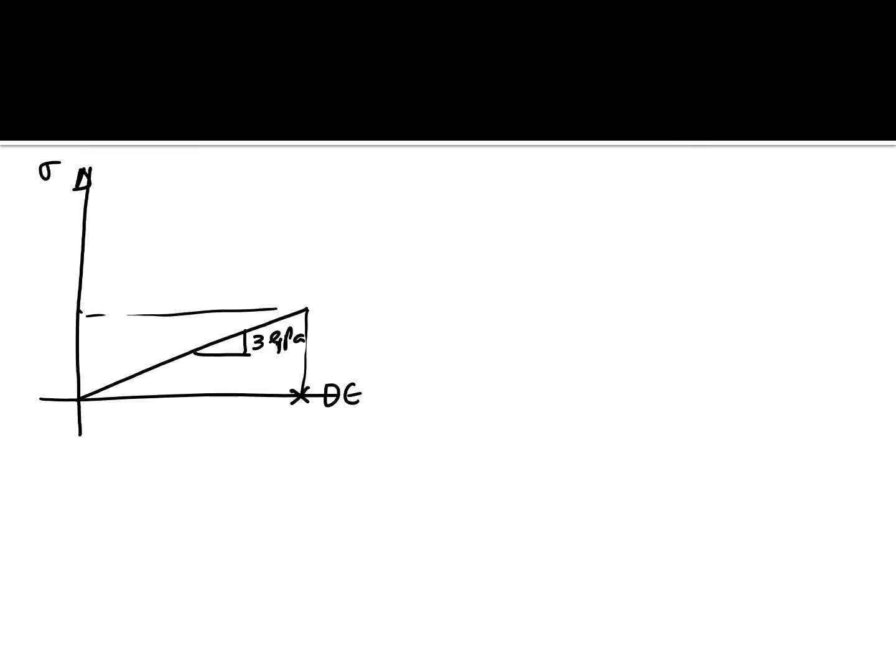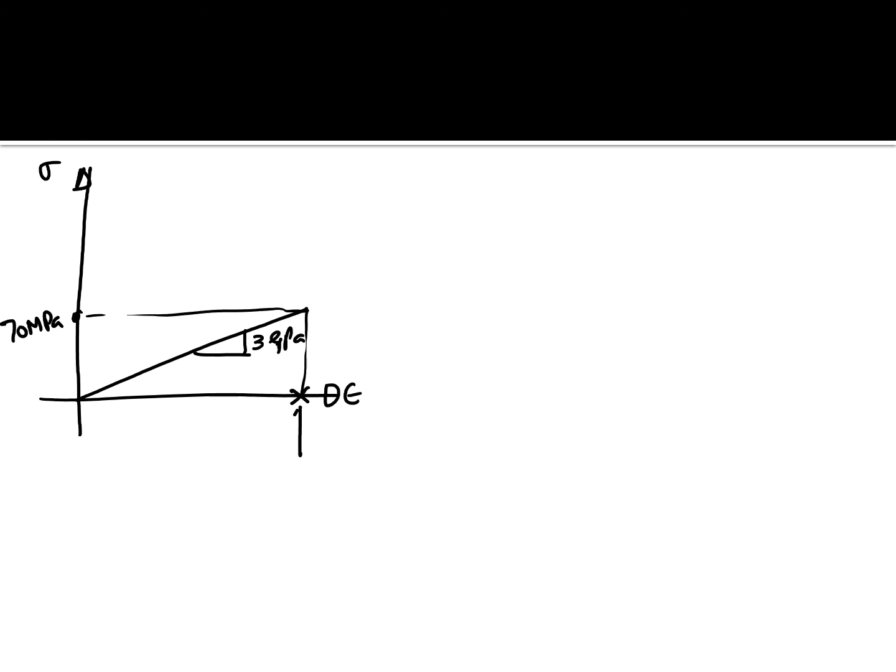So if we just draw a stress strain diagram, both for the fiber and the matrix. Let's suppose this is the matrix. Then we know that the slope is 3 gigapascals here, and this ultimate strength here is given to us as 70 MPa.